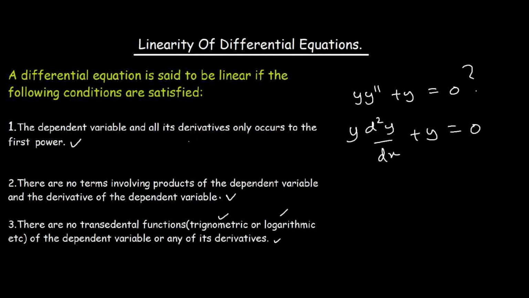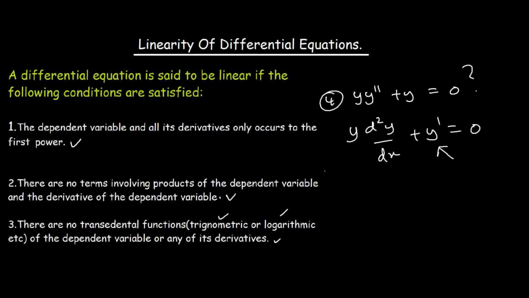From the first condition, the dependent variable and all its derivatives only occur to the first power. The dependent variable here, which is y, is to the first power, and the second derivative is also to the first power. So the first condition is satisfied.